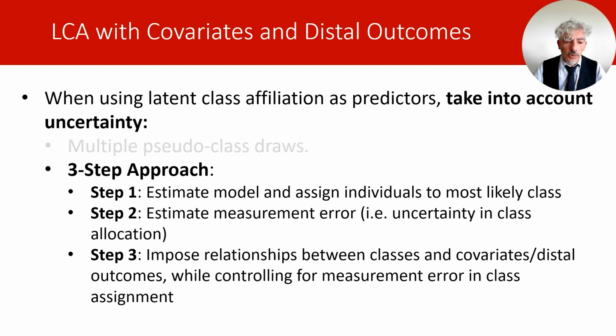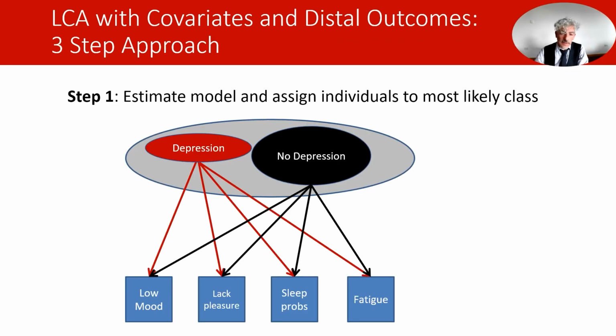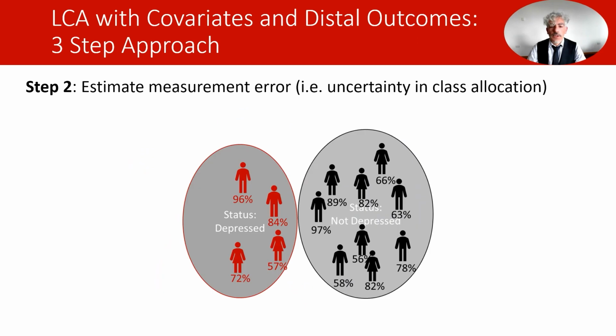We can add covariates or distal outcomes without the need to re-estimate the measurement model. So step 1 is to estimate a model like this one and assign individuals to the most likely class. In the second step, we assess the measurement error of the model, that is, the degree of uncertainty in allocating people to the latent classes.